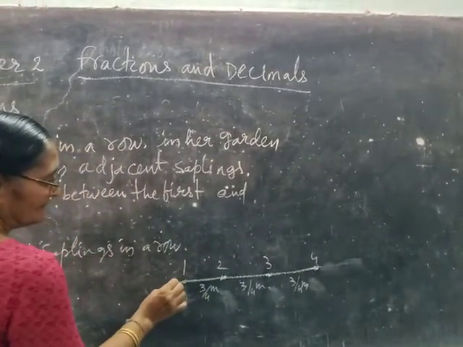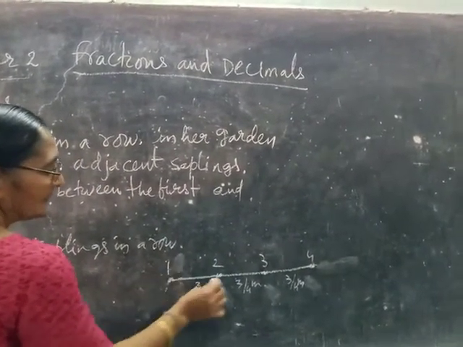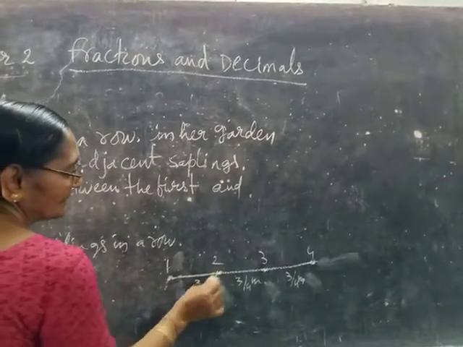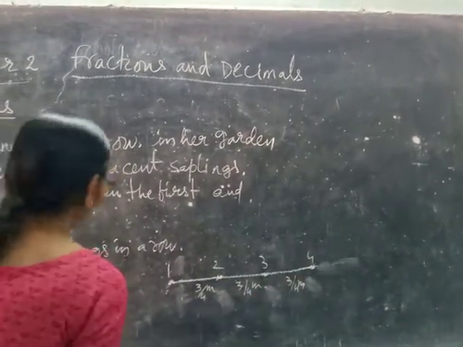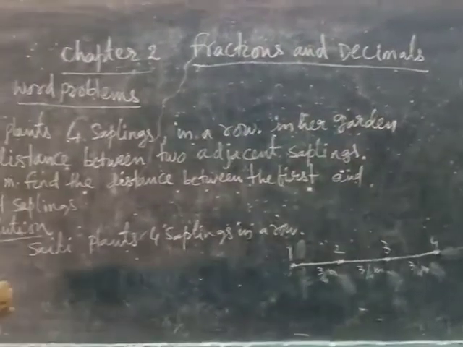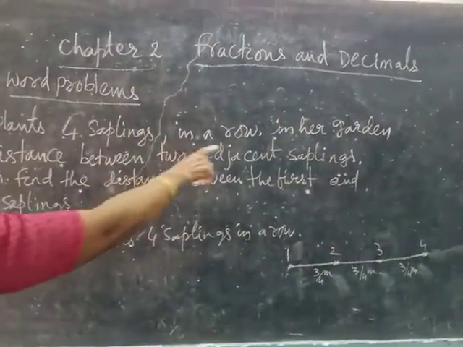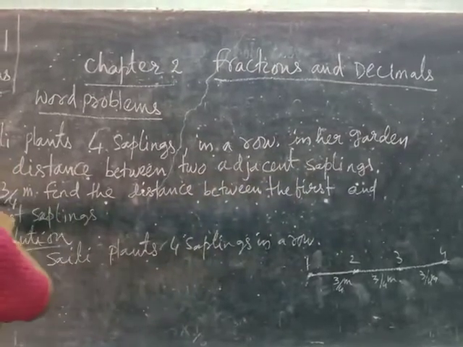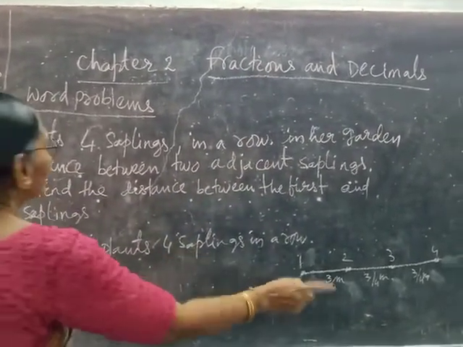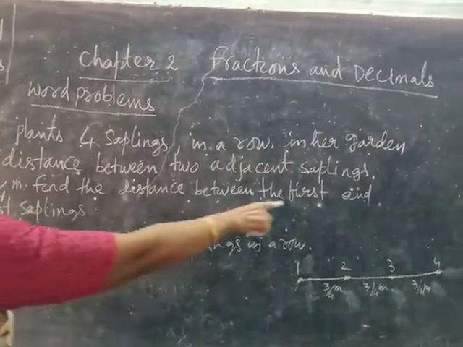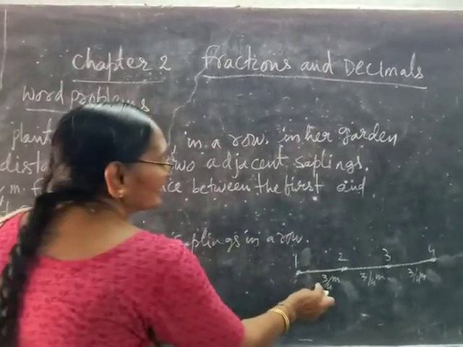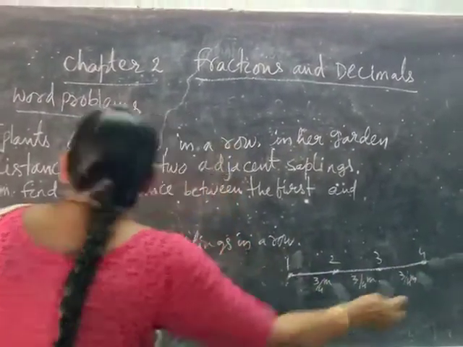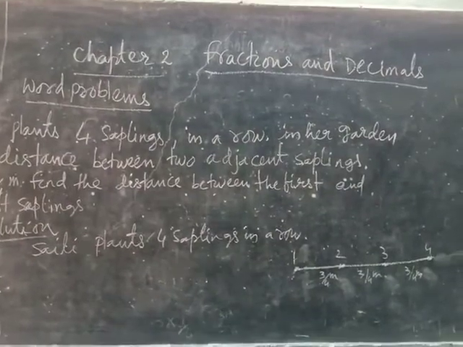The distance between each is 3/4 meters. In her garden, the distance between 2 adjacent saplings is 3/4 meters. We have to find the distance from the first sapling to the last. Then what will you do?